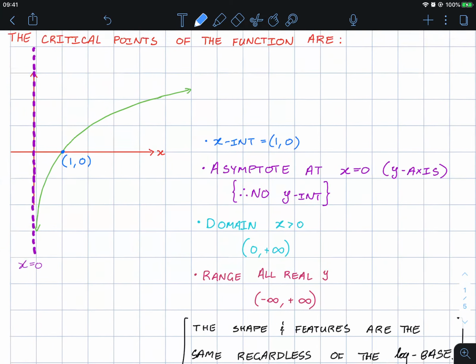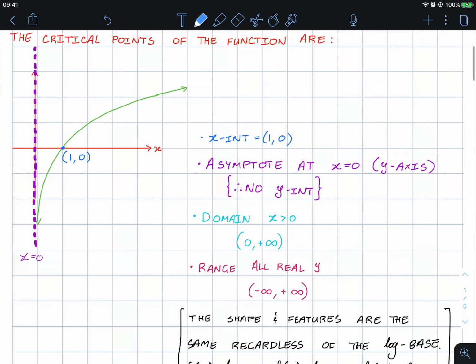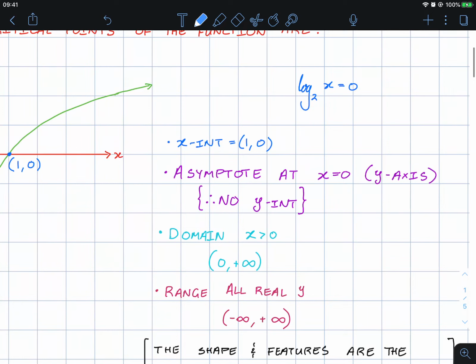And the reasoning for that is, let's get into the definition. If we have log base 2 of x is equal to 0, then by the definition of a logarithm, the rearrangement becomes 2 to the power of 0 equals x.